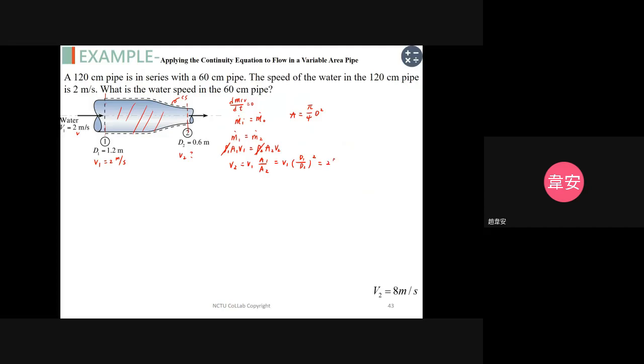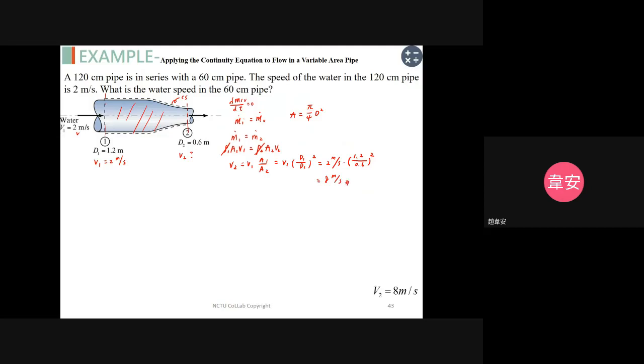V1 is 2 meters per second, multiplied by D1, which is 1.2 meters, over D2, which is 0.6, squared. The ratio is 2, and 2 squared is 4. 4 multiplied by 2 is finally equal to 8 meters per second.